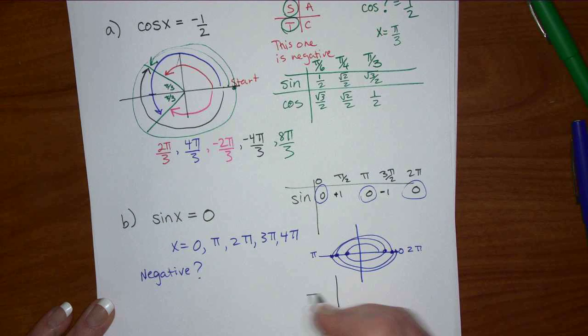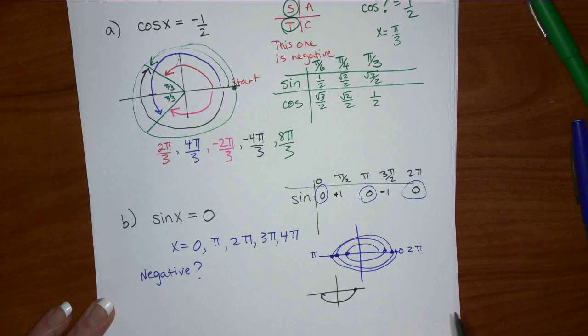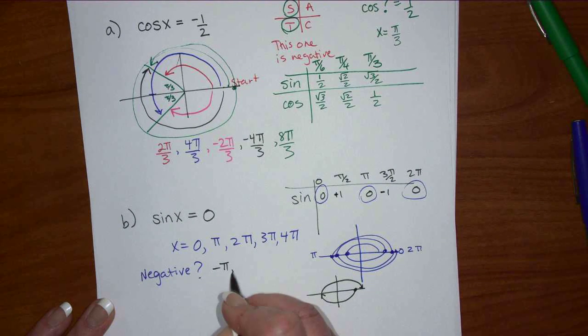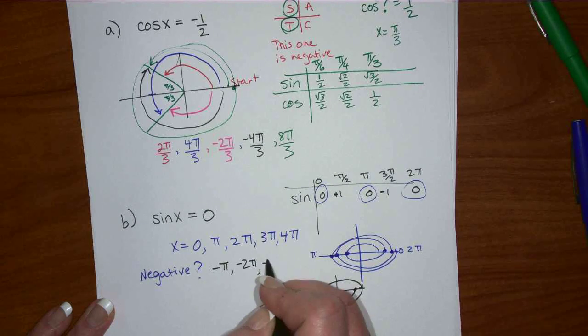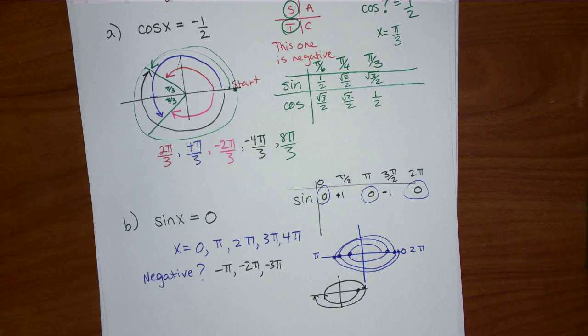If we're at 0 and we go this way, negative pi, negative 2 pi, this is way more than 5, negative 3 pi, right? So you can land on an axis and do it the same way, but you don't need to worry about the sign. The cast rule doesn't apply when you land on an axis, ever, because the sign is just wherever you land.